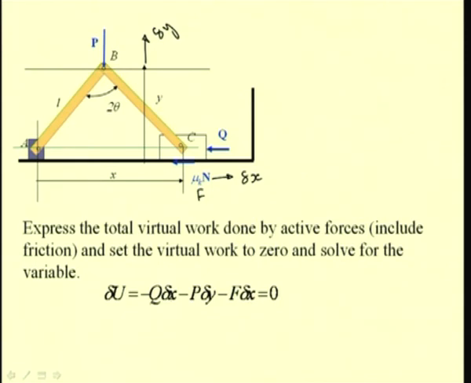So let us now write the expressions for delta x, delta y, and then solve to get this force Q, which is the unknown force. So we have it as 1 by 2 times P times tan theta minus mu k, or the coefficient of kinetic friction. So now we know this force Q, which was the unknown force.